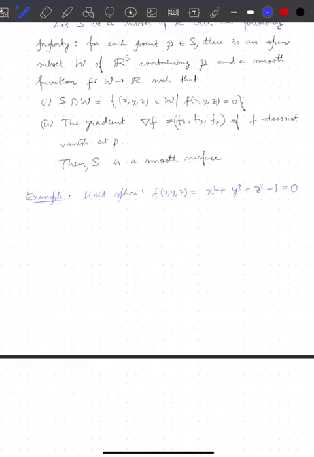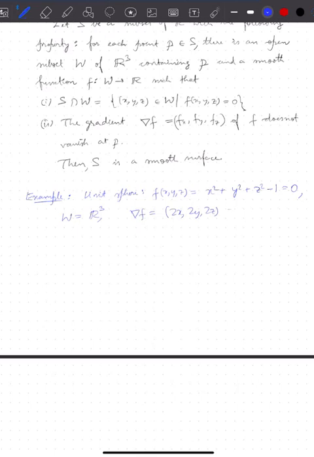In this case, W can be equal to R cubed, and grad of f is equal to (2x, 2y, 2z).